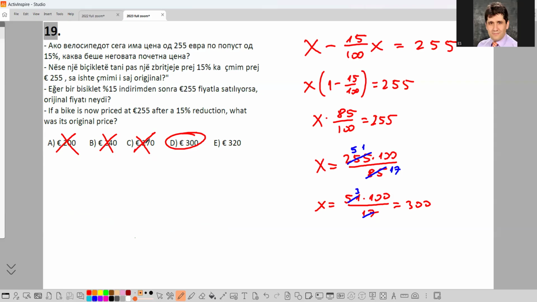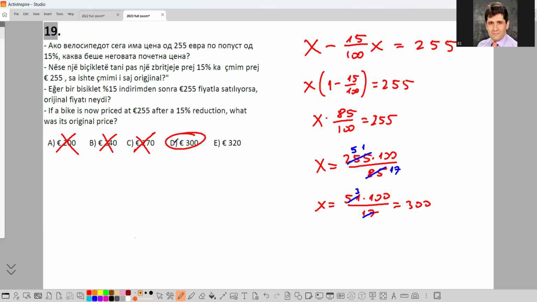So 270 minus 30, it's not going to be 255. So it's either D or E. Now, even if you didn't perform the calculations, you could have guessed it's between D and E. So it's now 50-50.